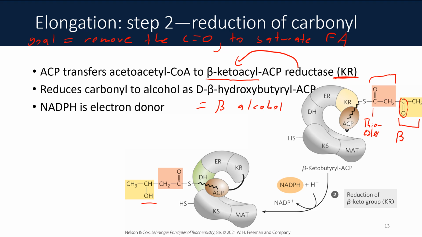So what is the reductant employed in this reaction? Well, it's NADPH. NADH is catabolic. NADPH is anabolic. So this molecule is going to be an electron donor for reactions that build up compounds. And remember, we get NADPH in part from malic enzyme, which we observed in the citrate shuttle.